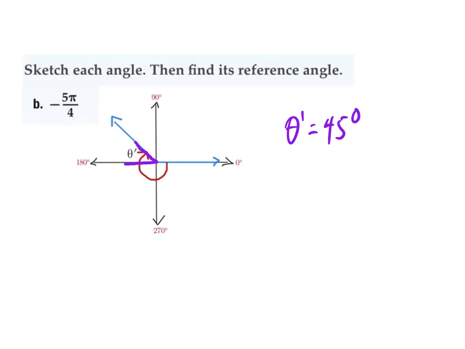We got to put it back into radians. Well, in order to do that, you multiply it by pi over 180. We just talked about how many times 4 went into 180. That was 45. That means 45 goes into 180 4 times. So my reference angle, theta prime, is actually pi over 4.